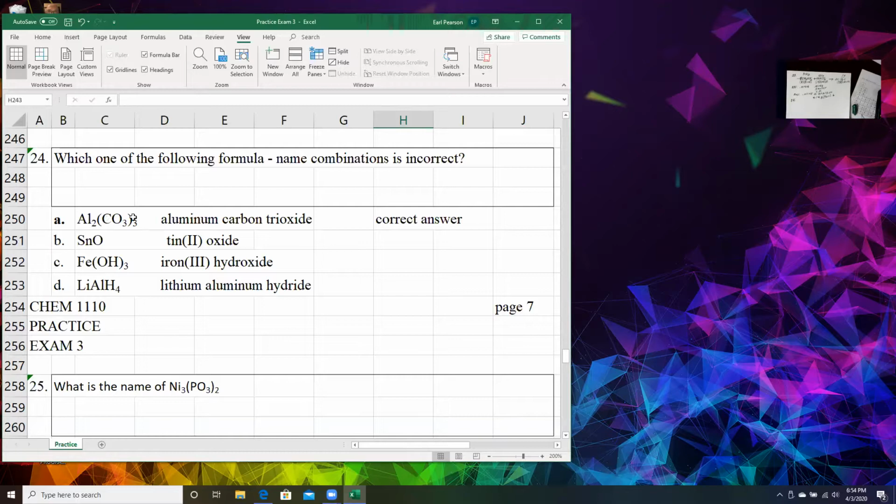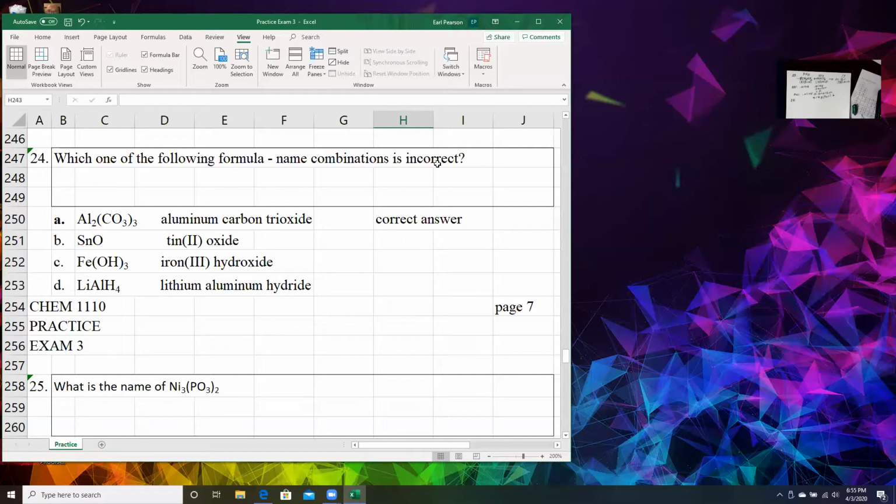Remember, they're group 1 and group 2, and zinc, cadmium, aluminum, and silver. Aluminum does not require a Roman numeral, so it could be aluminum something. But CO3 minus 2 would be the charge for this because aluminum is always plus 3, and CO3 minus 2 is called carbonate.